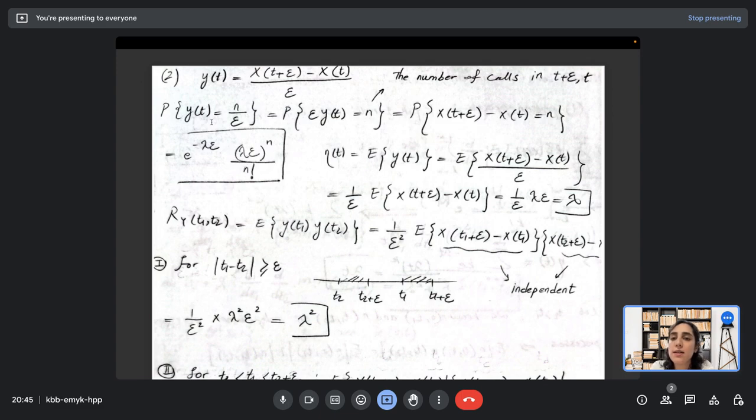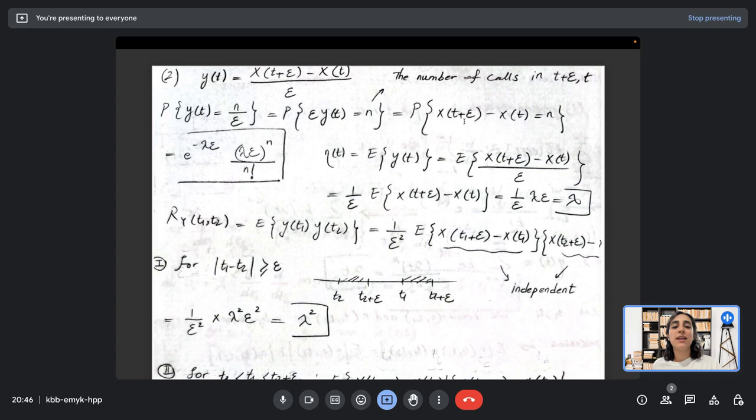If we multiply epsilon to both sides, we get the probability of epsilon times y of t equal to n. And we can substitute y of t with the formula we have for it, and we can write it like this.